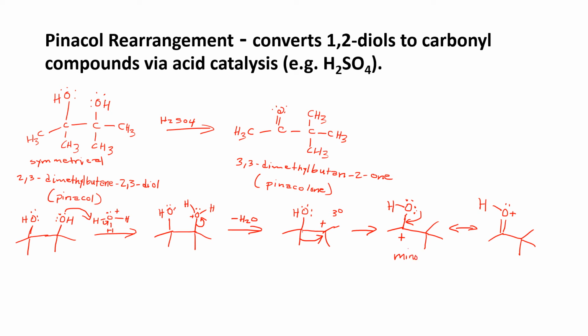So this would be our minor component. What we see here, the oxygen bears the positive charge, true enough. But if you look at the octets, all the octets are complete. And so this we would call our major component. And this is really the driving force for this reaction.